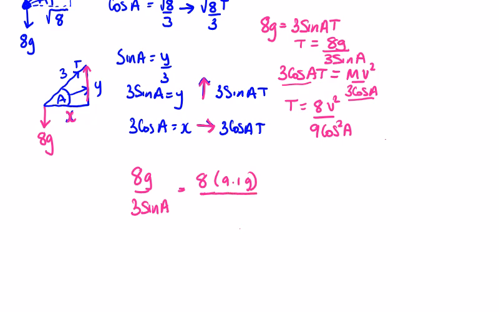I can divide both sides by 8 and by g. So that becomes 1 and I cross multiply, I'm going to get 9 cos squared A is equal to 3 sine A by 9.1.